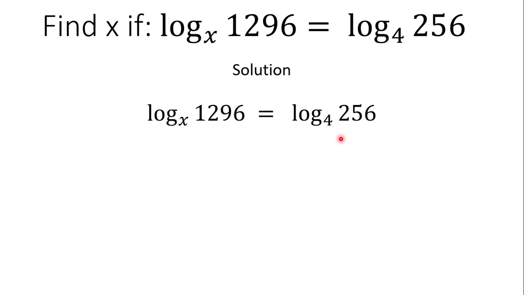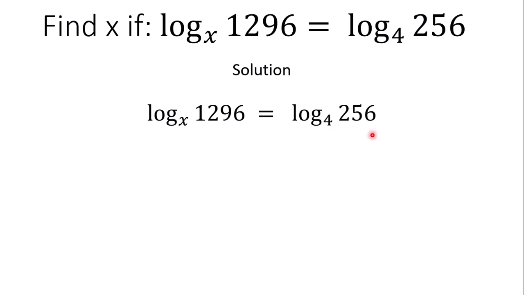After we are done working on this one, we find a means to deal with the log and the base, which at the end of the day will go away, leaving this one, so that we can find the value of x. So log 256 base 4.